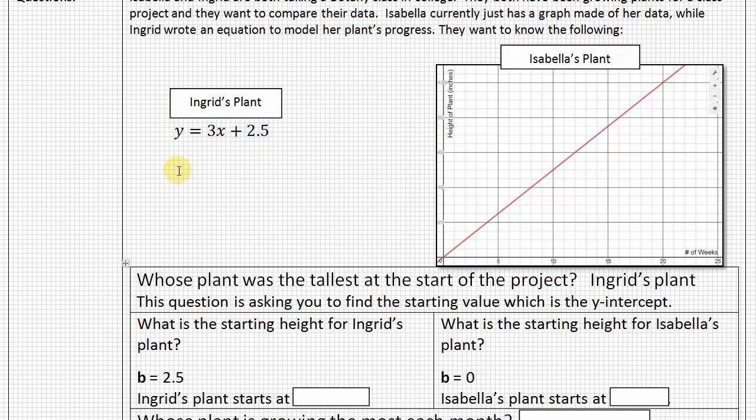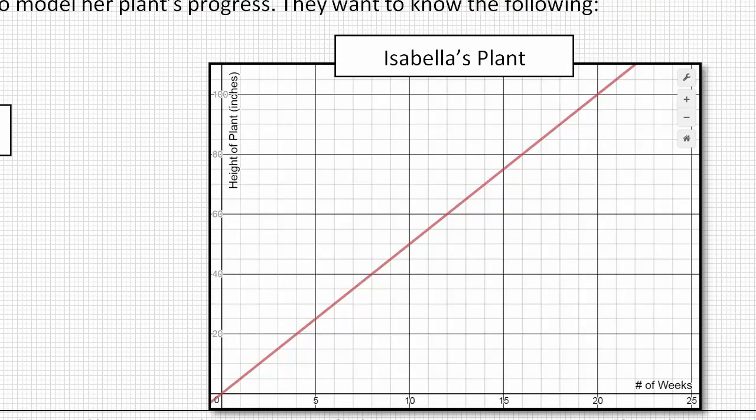So from Ingrid's, you should be able to find that information from her equation. And for Isabella's, it might be a little bit better if we zoom in here. So hopefully we can see that a little bit better. Now that we're zoomed in, you can see we have those grid lines 1, 2, 3, 4, 5. So we've got a scale of 1 on the x-axis, went up to 20 with 4 grid lines, so 5, 10, 15, 20, 25, 30, 35, 40, so that holds up.